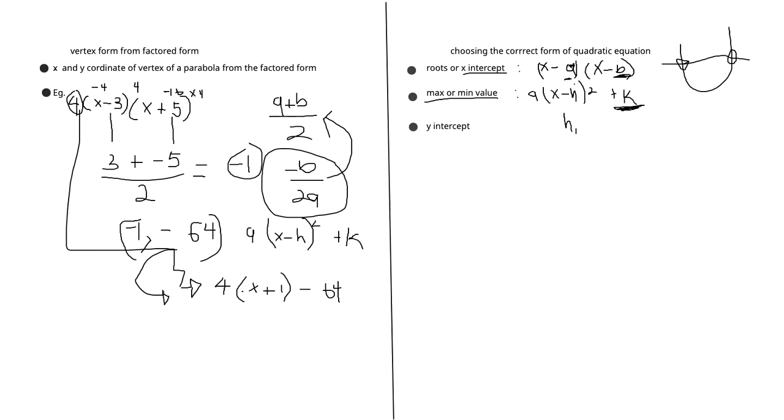Now the vertex, which means it is easy to determine your vertex whenever you are given the vertex form. So the minimum or maximum value and the vertex are easy to determine when you have the vertex form.